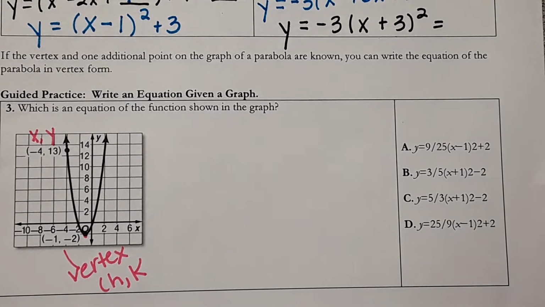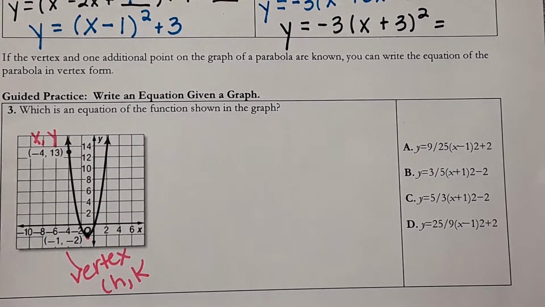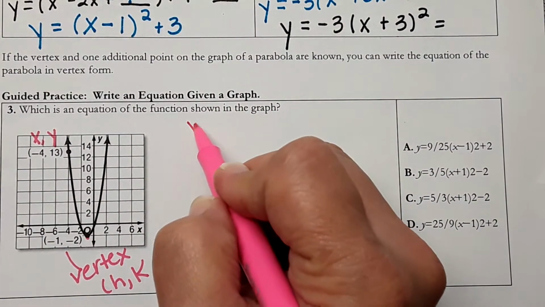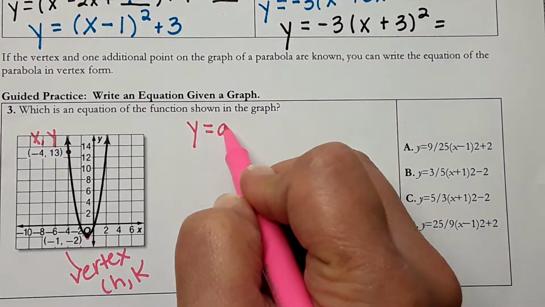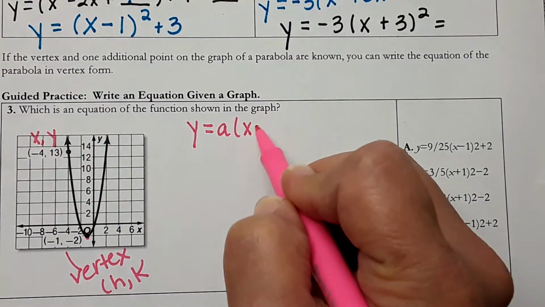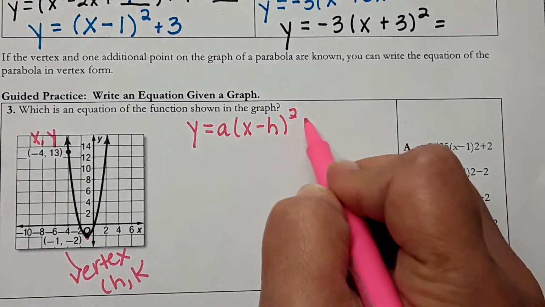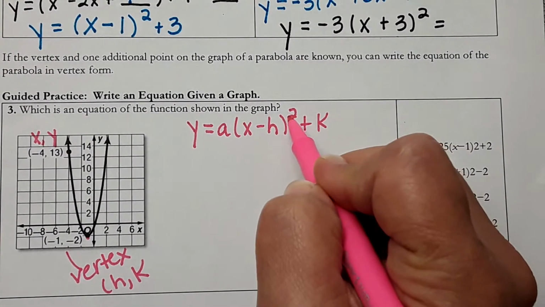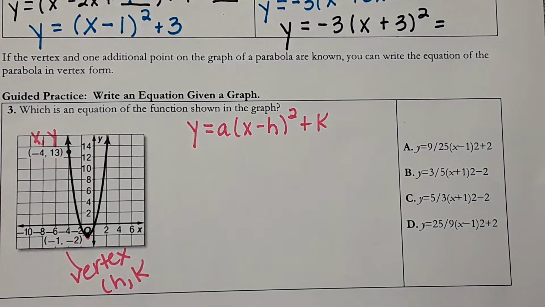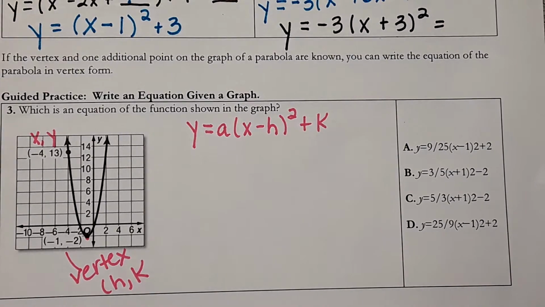So from that, we can actually go into vertex form. Vertex form is y equals a times (x minus h) squared plus k. You can find that up at the top of your notes. So we're going to fill in the blanks.